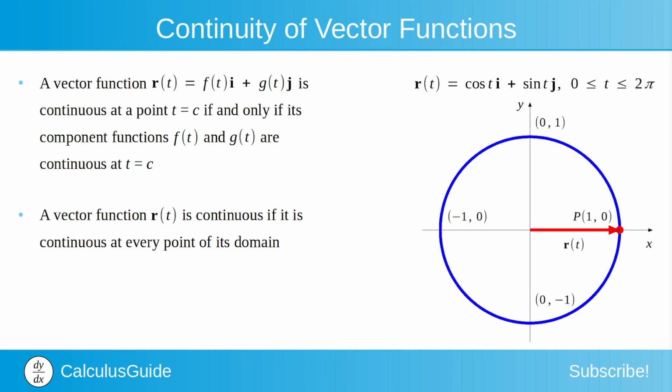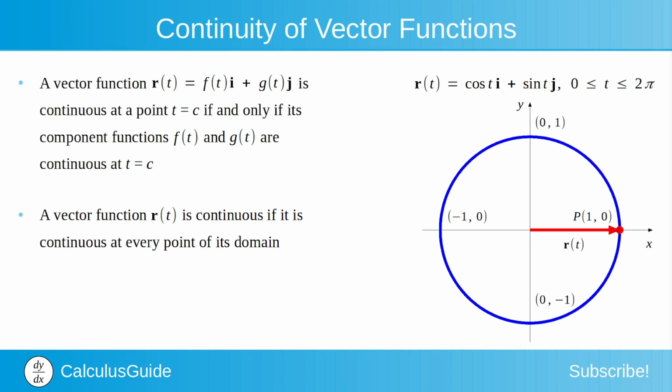Now shown to the right is a plot of the vector function r of t equal to cos t i plus sin t j for values of t on the closed interval from 0 to 2 pi. The component functions cos t and sin t are continuous at every point of the vector function's domain.